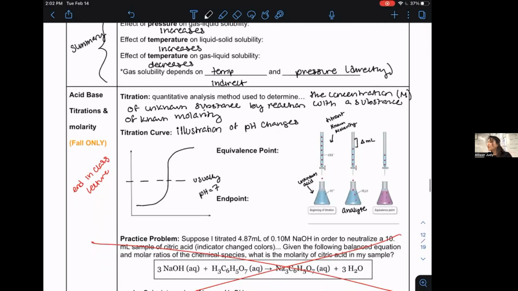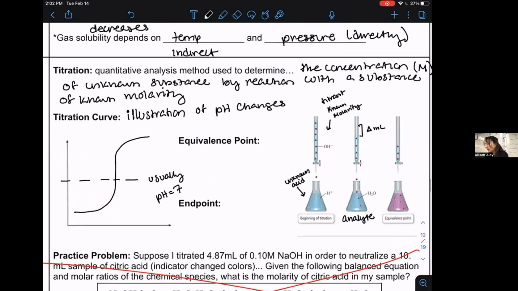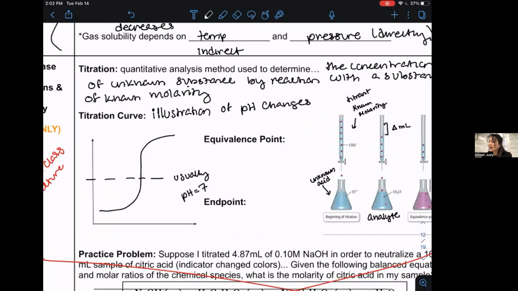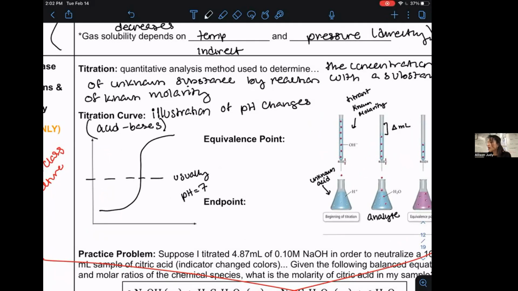Okay. So you're going to do quite a few of these post AP exam, but the big idea is that this has to do with acid-base reactions. That's a whole topic in itself. I'm not really going to get into that, but what I want you to know is that we deal with calculations where however much it took to react the unknown sample with the known sample, I can calculate the molarity and the mole value and the amount from that.